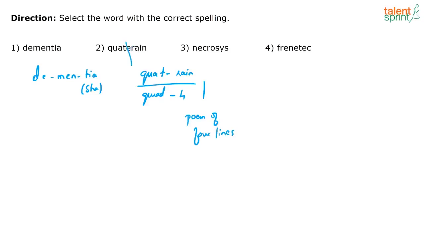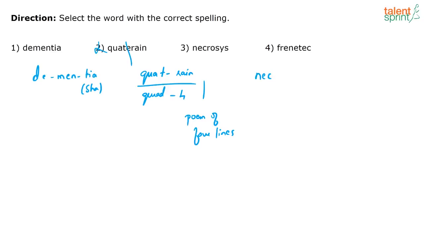And the third one, so obviously the second one is incorrect. Necrosis. Have you heard of necrosis? How do you break this up? Can somebody break this word into syllables and tell me how many syllables this word has? Let me see if you're able to get that right. If you were paying attention to the syllable concept, you know that each syllable has one vowel sound.